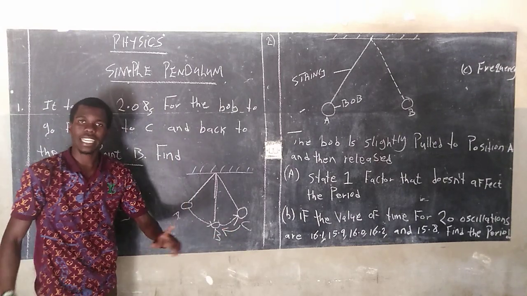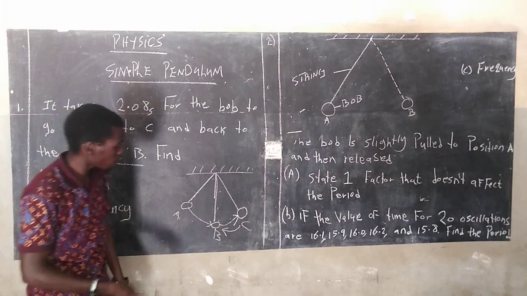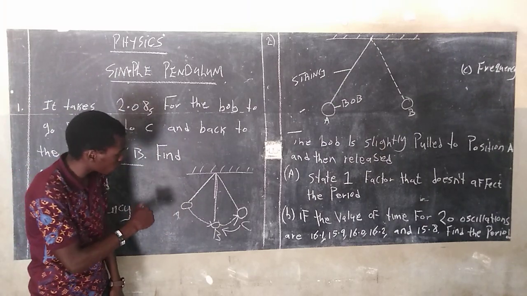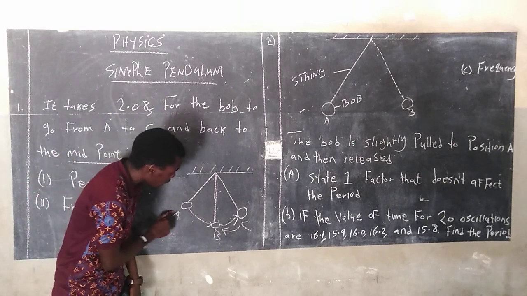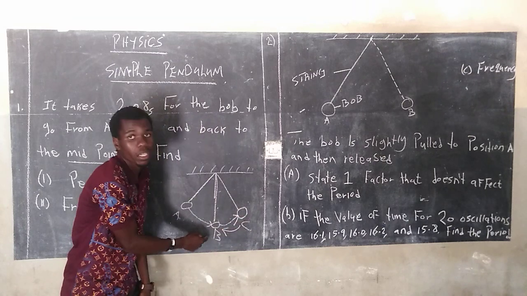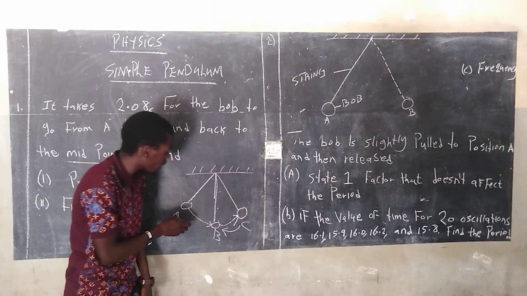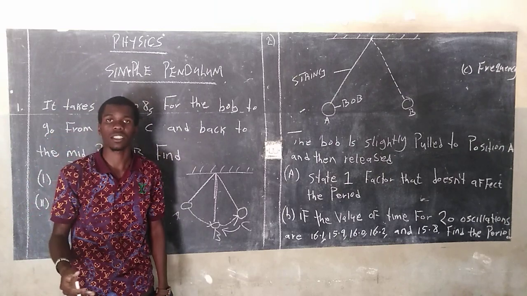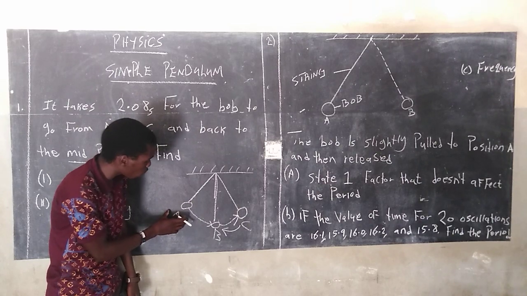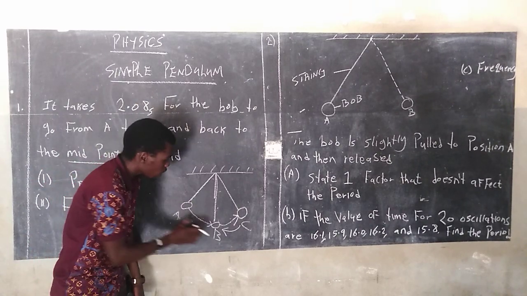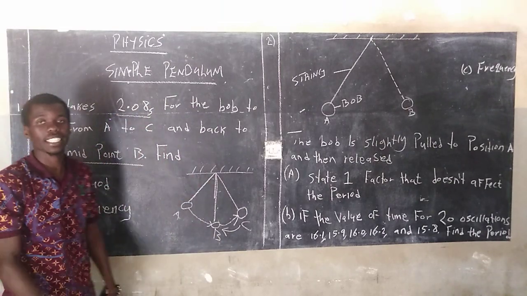So it took 2.08 seconds for this ball to move from A to C and back to B. The maximum time, not necessarily the distance, that the ball took to swing from A to C and back to B is 2.08 seconds.